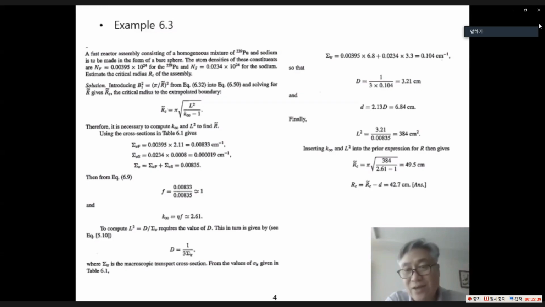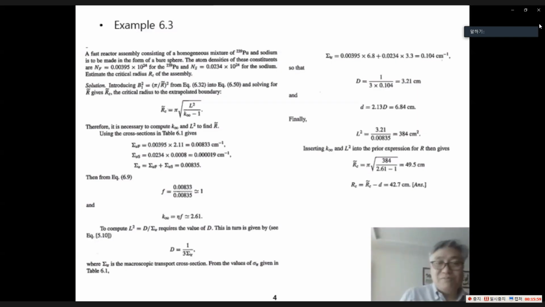That is one thing. The second thing is, when we calculate the RC tilde, this is a wave, but we call it RC tilde, T-I-L-D-E. So critical radius RC equals RC tilde minus extrapolated distance d, that is 2.13 times the diffusion coefficient. Okay, so we get 42.7.